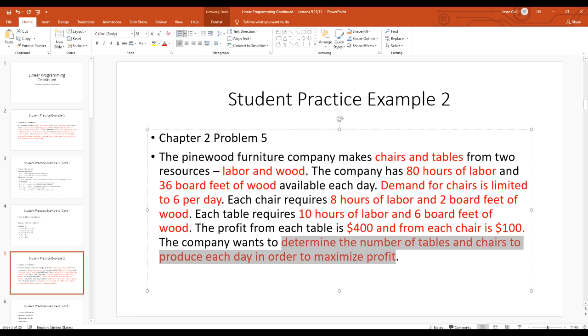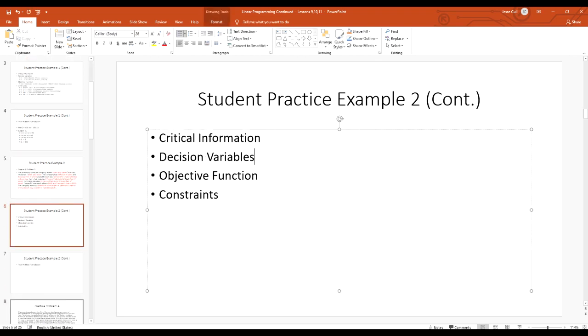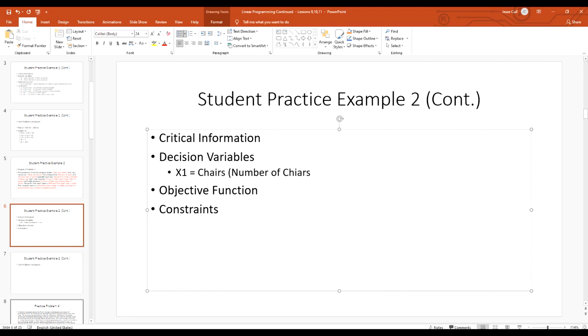The Pinewood Company makes chairs and tables. They want to determine the number of chairs and tables. So our decision variables very simply become x1 is chairs, and that's the number of chairs produced.